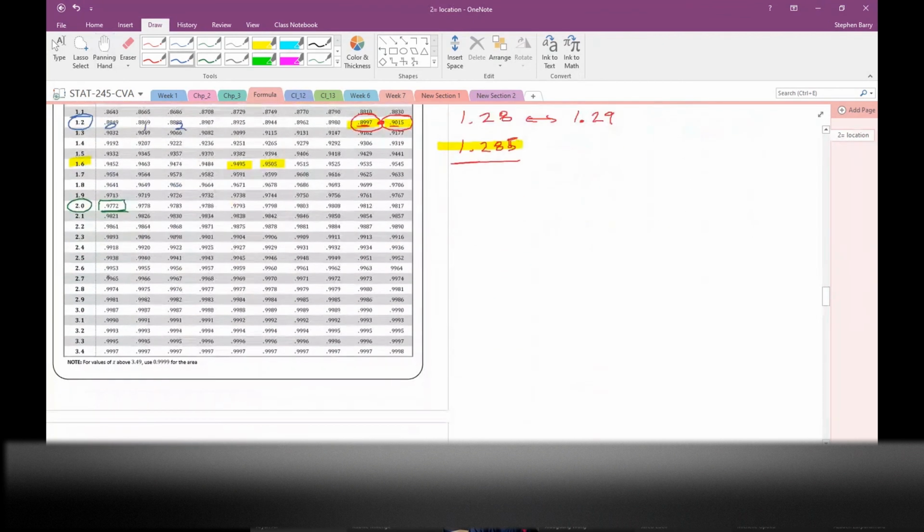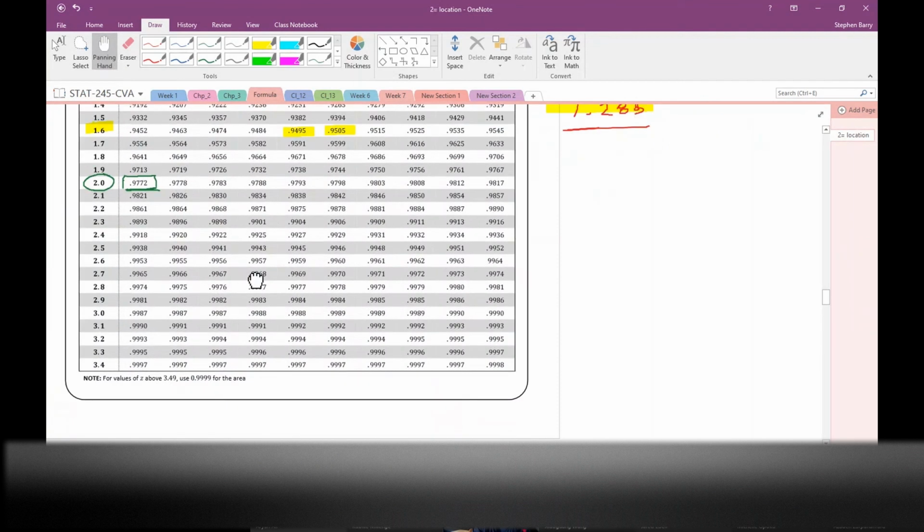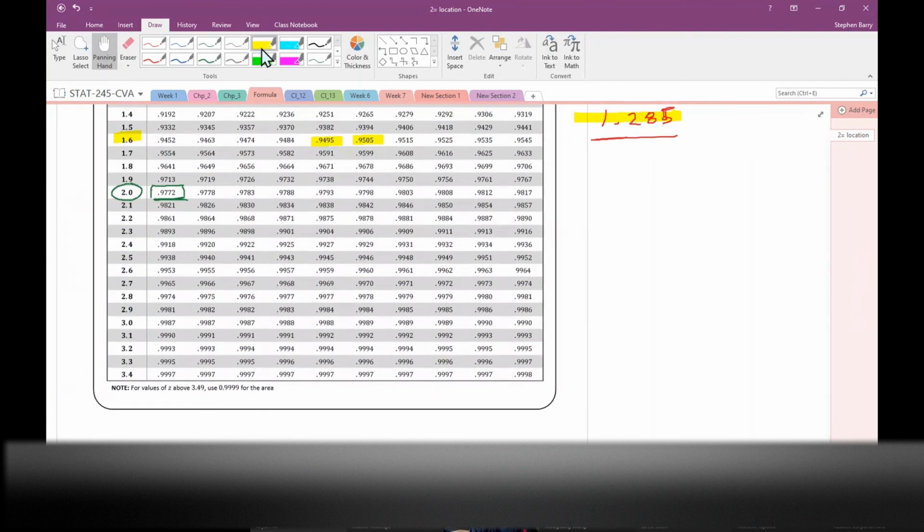So then you use your magical chart. Pick your first 2 numbers. And then after practice, you start realizing this is the 9 value, right? Here's the 8 value. So, 0.9913.